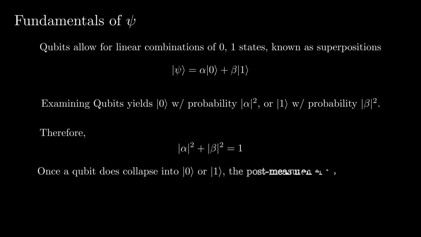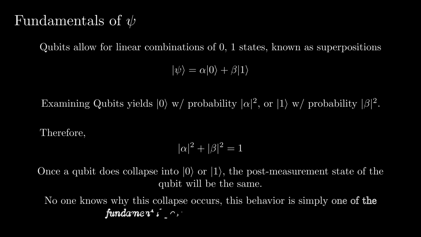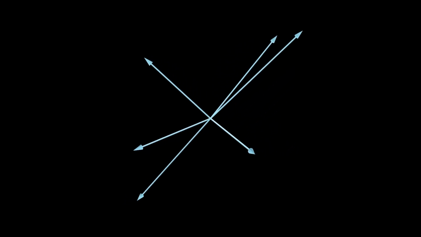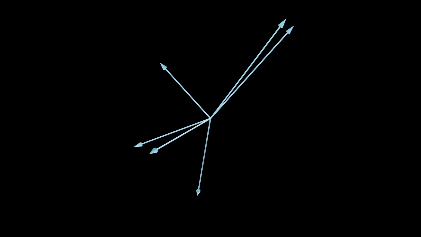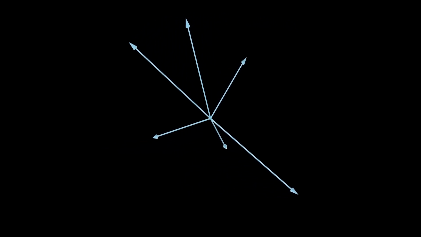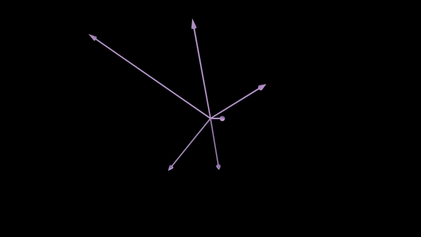Once a qubit does choose whether to be a 0 or 1 after observation, it stays as a 0 or 1. No one knows why this collapse occurs in the first place, we simply have to take it for what it is. Say we have a qubit floating in space. It can exist as any vector and undergo any transformations so long as it satisfies the probability equation. Let's isolate one.